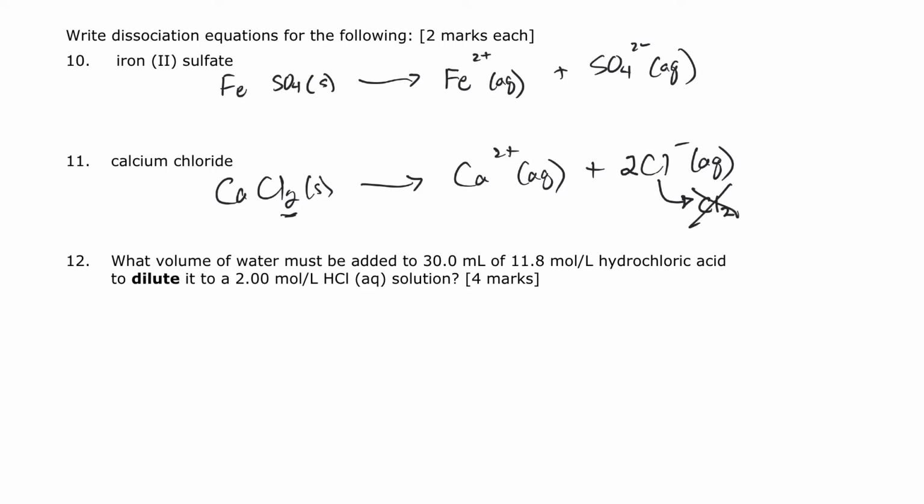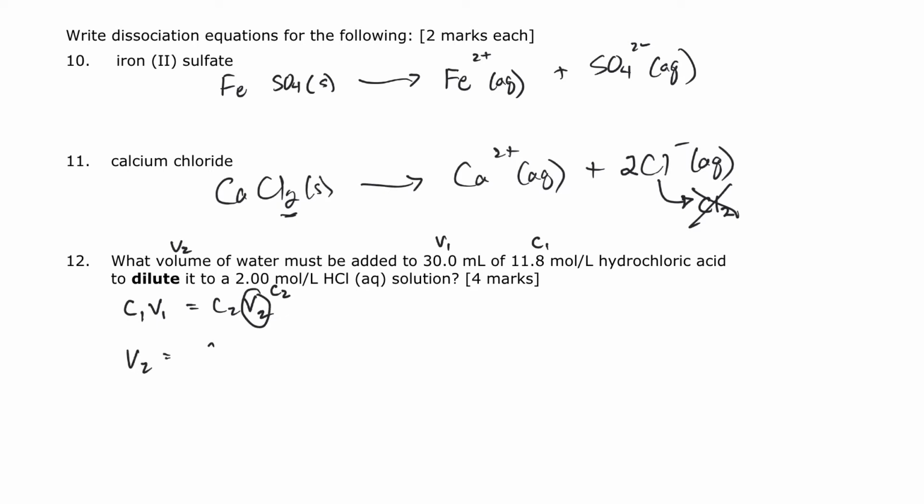Okay, what volume of water must be added to 30 mL of 11.8 M to dilute it to that? Oh, okay, so we're using C1V1 equals C2V2. I'm calling this V1 and this C1, so this has got to be C2, and V2 is what I'm looking for.